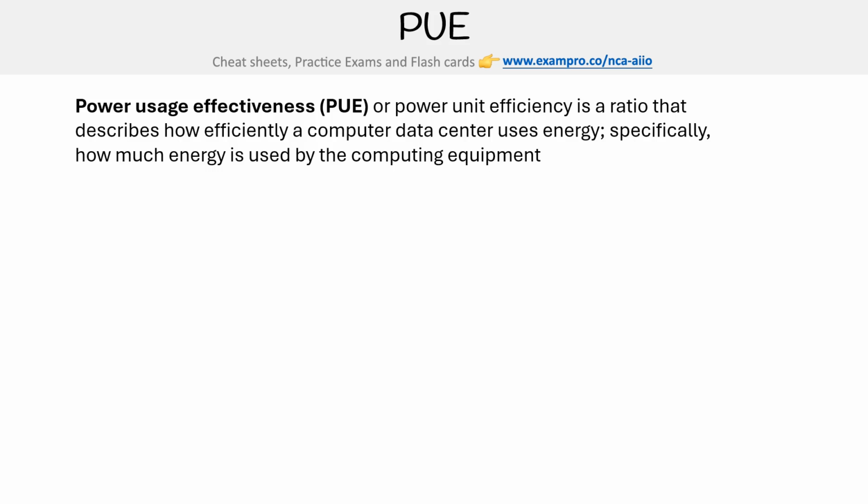During the exam, I came across a term I did not know, which was PUE. I don't build data centers, so maybe those who work on data center networking will know this, but I didn't, so I'm including it in the course. PUE stands for Power Usage Effectiveness, a ratio that describes how efficiently a data center uses energy, specifically how much energy is used by the computing equipment. Here you have PUE as total facility power over IT equipment power.